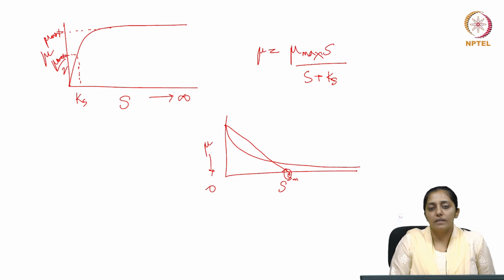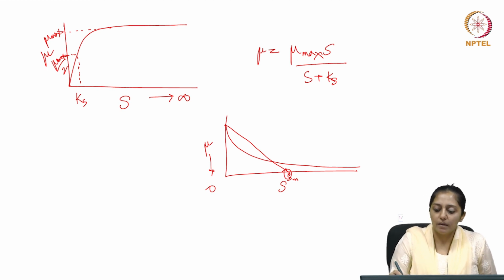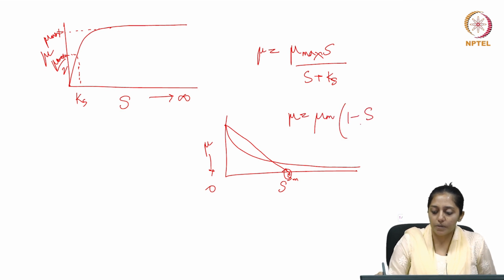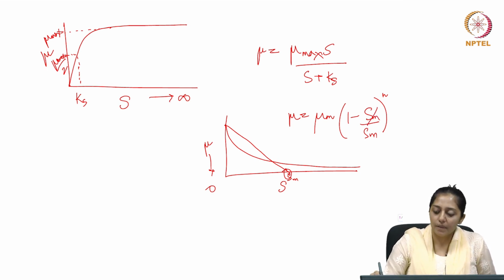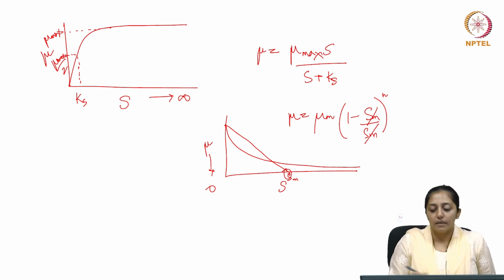This point is that substrate concentration at which we can say complete inhibition of growth is happening. So, if you remember the model, it was something like this. If S becomes equal to Sm, will it not depict that mu becomes equal to 0?